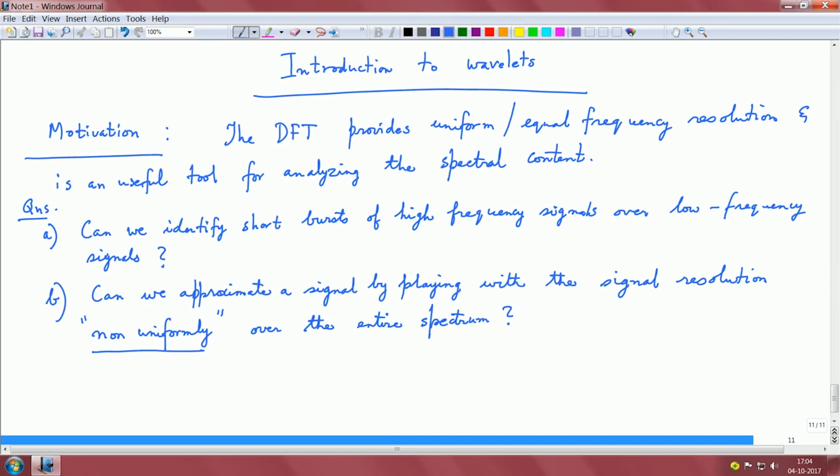Now if we ask these questions, and why would you want to have signal resolution non-uniform over the entire spectrum?